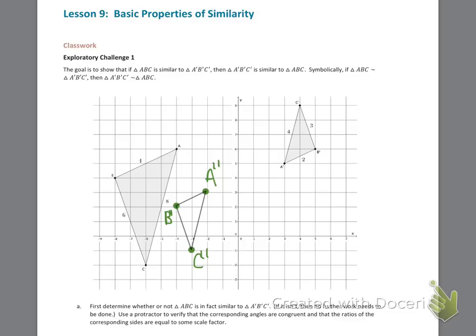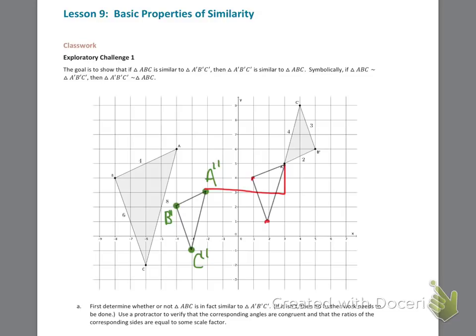So we'll go with A. We'll map A over since they're the closest. So that will be my translation to get over to A. So this translation would be 1, 2, 3, 4, 5 units to the right and 2 units up.